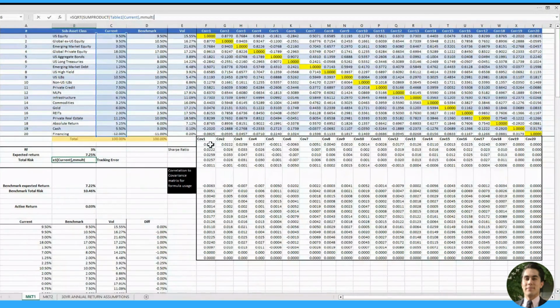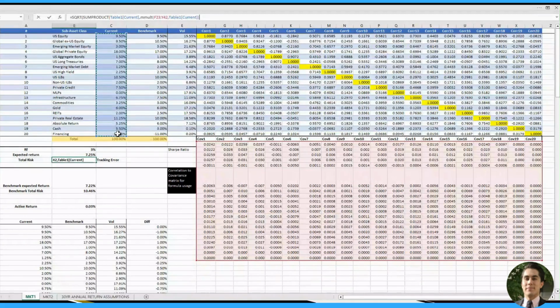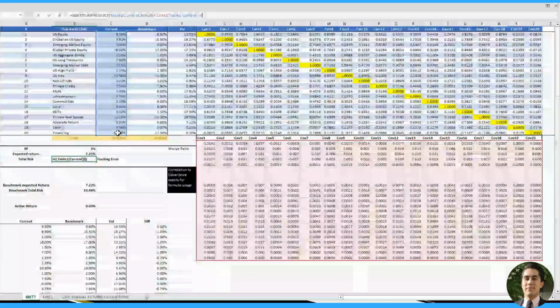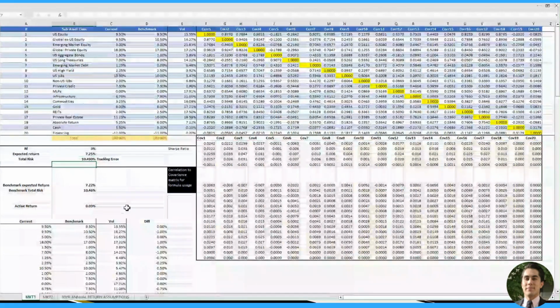So MMULT will be, now we have to grab our covariance matrix, and then your weights, because you need to multiply your weights and your covariance matrix, and then you close this bad boy.